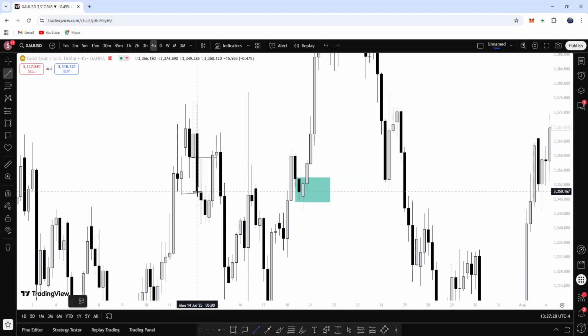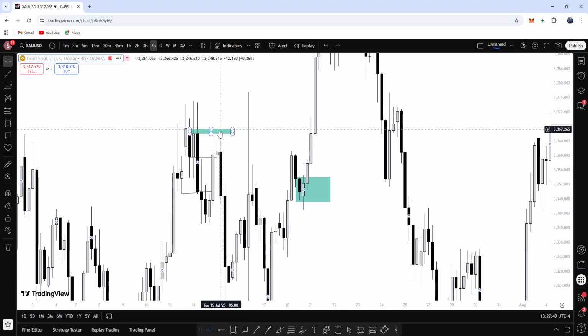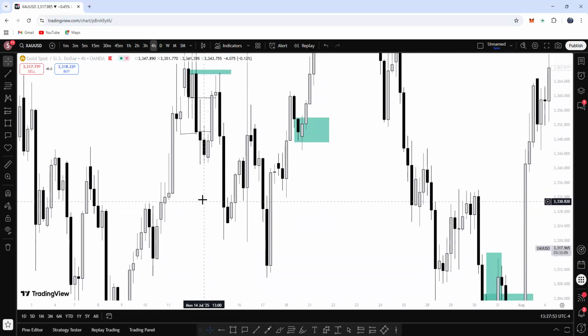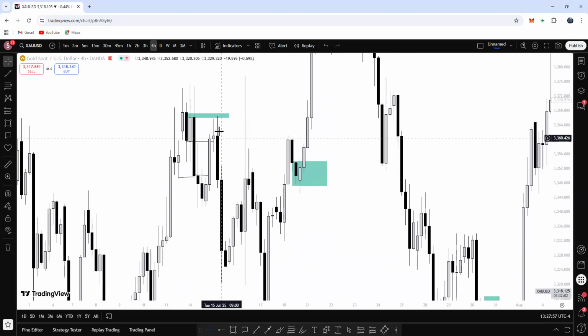We have this level here also. But market ignores all these levels. This is how you catch your sniper move. Come down to the classic SNR zone, tap into it, then drop.